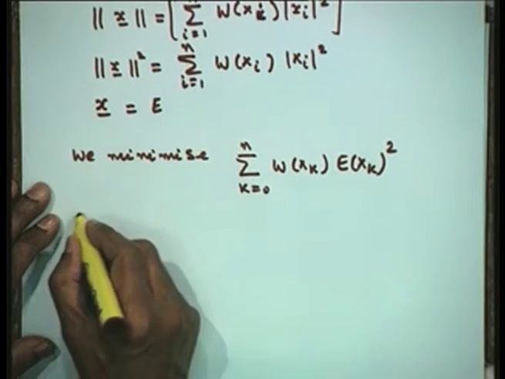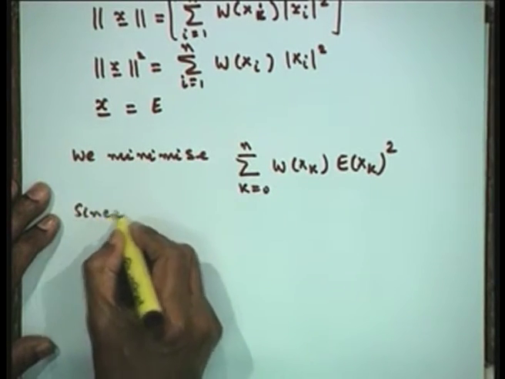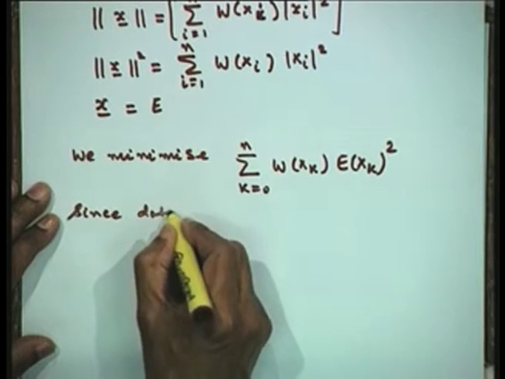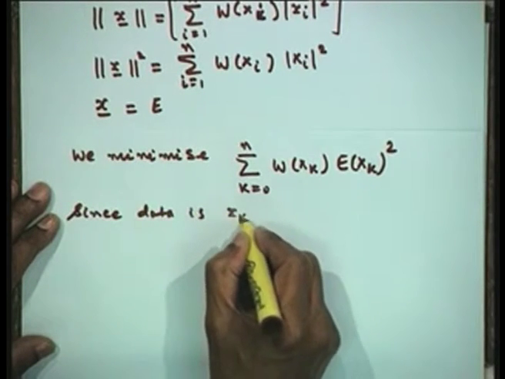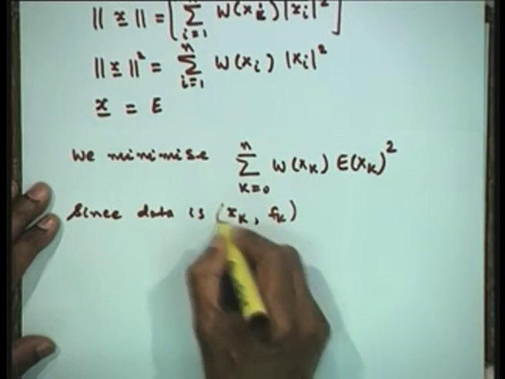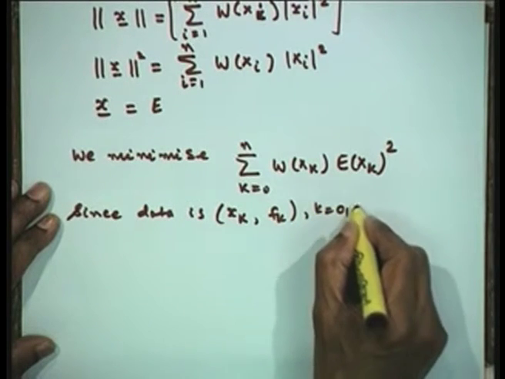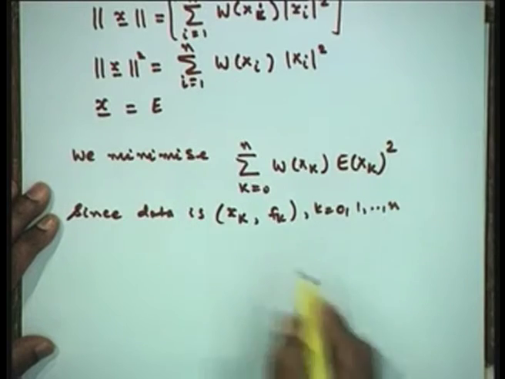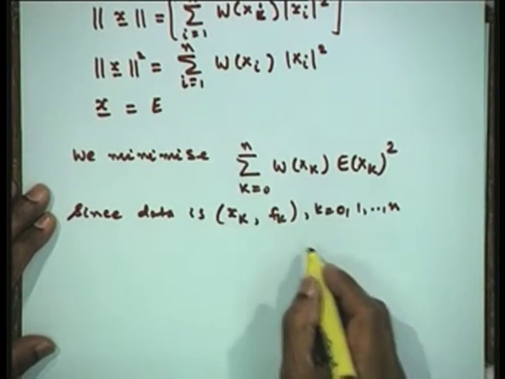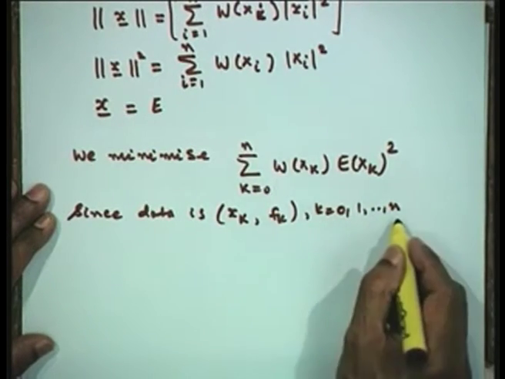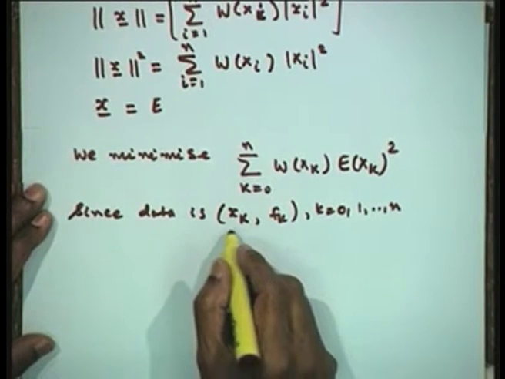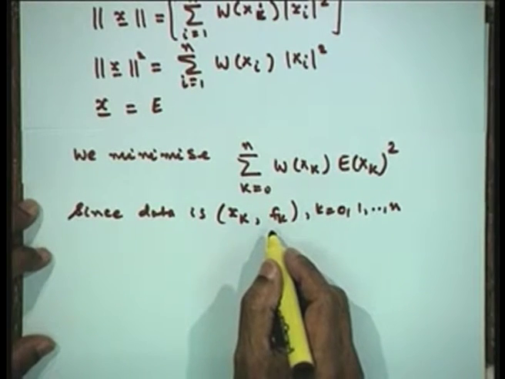Now, since our data is x k f k, k is equal to 0, 1, 2, 3, n, that is why summation is running from 0 to n here, since our data is running from k is equal to 0 to n, and we have taken the data as x k f k.